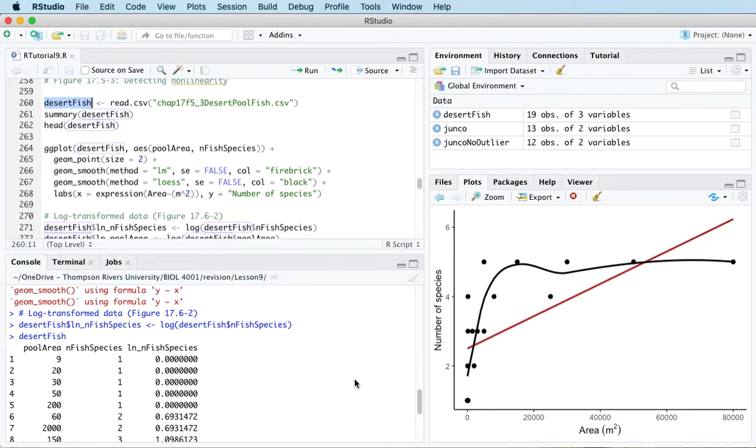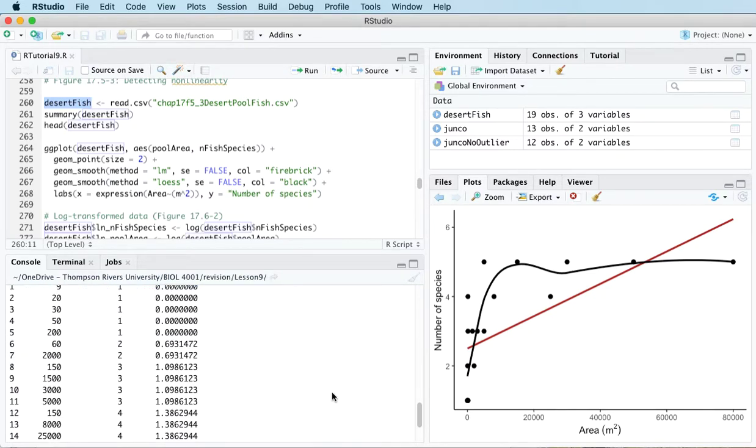I'll fit a simple linear regression model with number of fish species as the response variable and the pool area as the predictor variable, and I get the formula of my equation, and that's the red line here. If you'd not looked at this graph, you would be none the wiser.